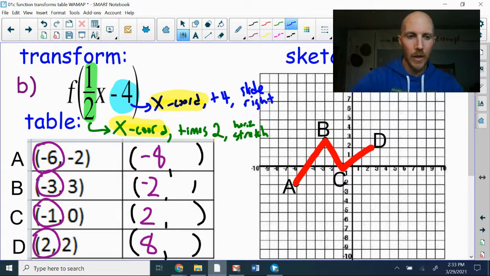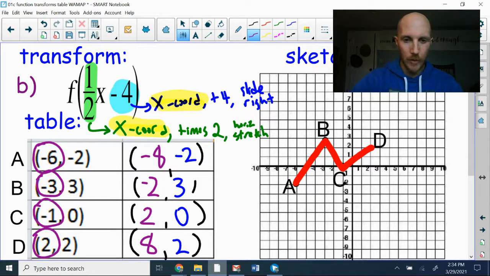And then the y coordinates remain exactly as they were before. There is no transformation that affects the y coordinate here. So -2, 3, 0, and 2. We can go ahead and plot those points. So we've got point A prime at -8, -2. Point B prime is at -2, 3.